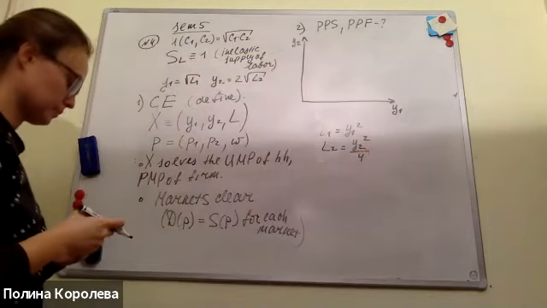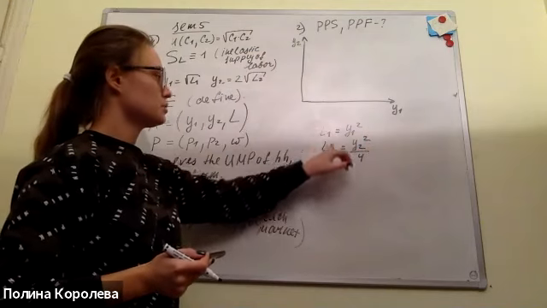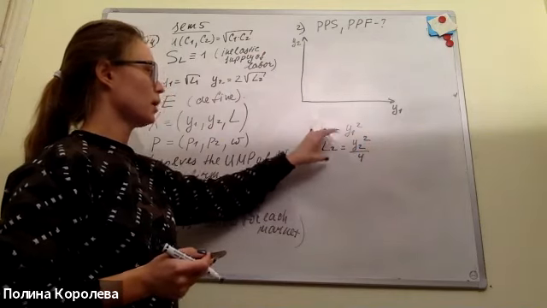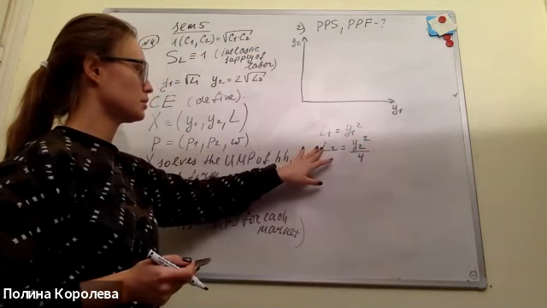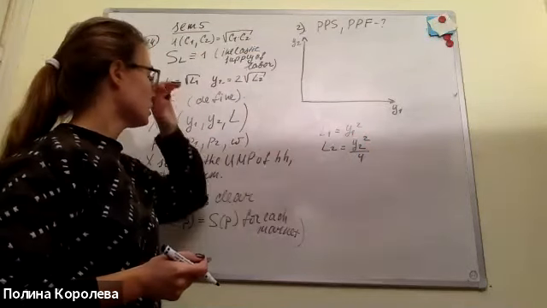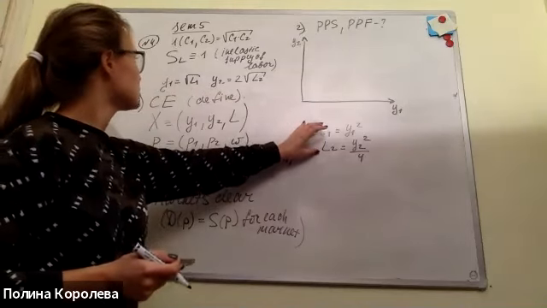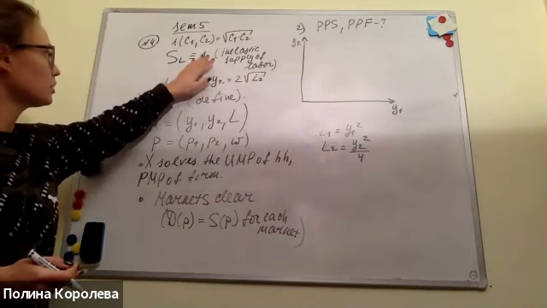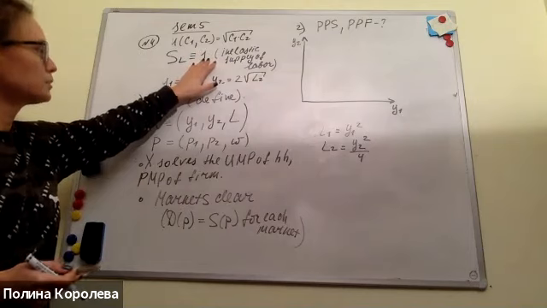So we expressed how many workers we need to produce the first good and how many workers we need to produce the second good. And when we sum up these workers on the production of the first good and the second good, it will be equal to what? To the number of workers we have. And we have only inelastic supply of labor equal to 1.